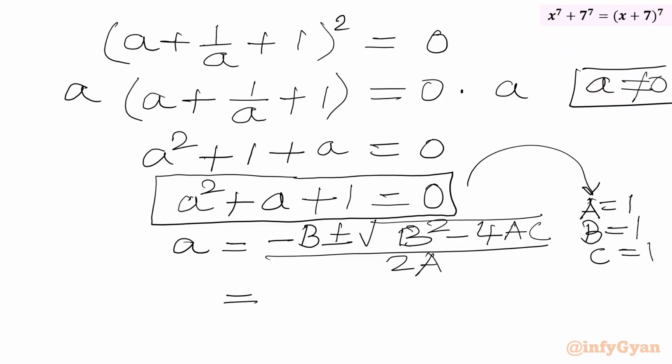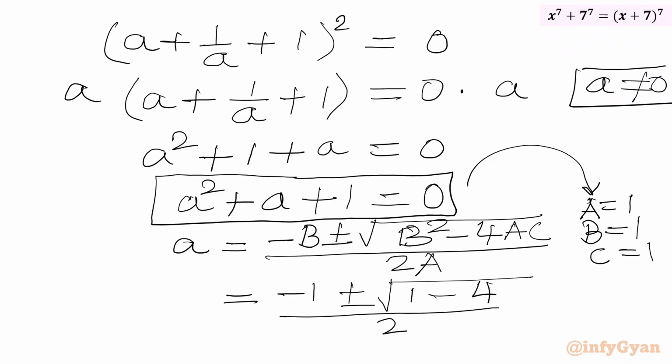Let's apply all the values. So minus 1 plus minus square root of 1^2 is 1, minus 4 times 1 times 1, over 2 times 1, so 2. Now 1 minus 4 is minus 3. We will write minus 1 plus minus square root of minus 3 over 2.